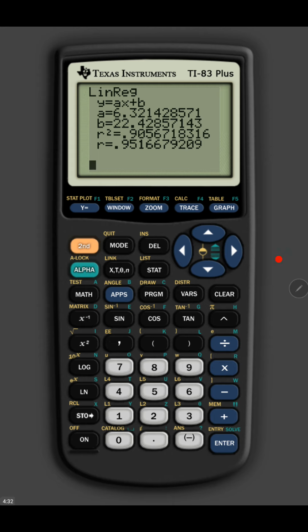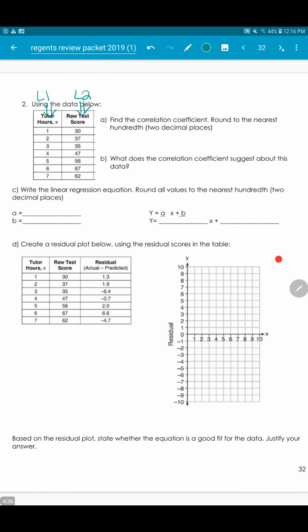Alright, so now I have my correlation, which is the R, which is 0.95166. And it says to the nearest hundredth, which is 2 decimals. So it's going to stay 0.95. Alright, what does this suggest? So is it strong or weak?